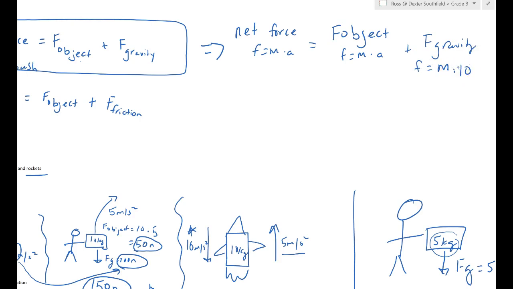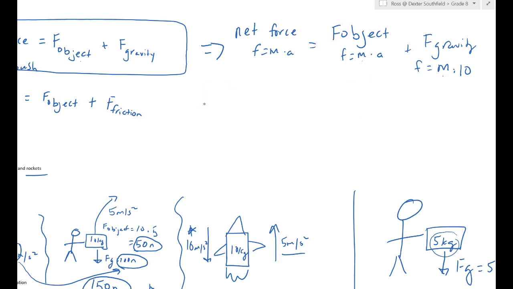If we know what the mass is, then we can fill mass in all of these places. If we know what the force is, or the total net force, we can fill that in. If we know how quickly it ends up accelerating, we can fill that in, right? So we've got lots of variables here that we can start filling things in for.